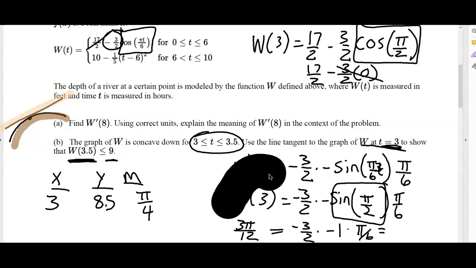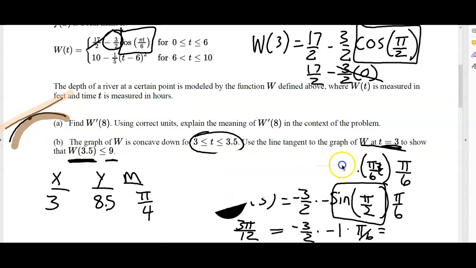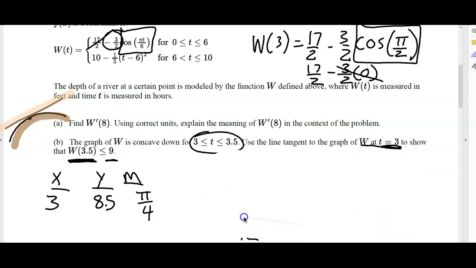Now I've got my tangent line. Now what do I do? Let's write the tangent line. Y equals pi over 4 times x minus 3 plus 8.5. Now let's go back to the original question, because we've done a big task there and we don't want to lose sight of where we were.